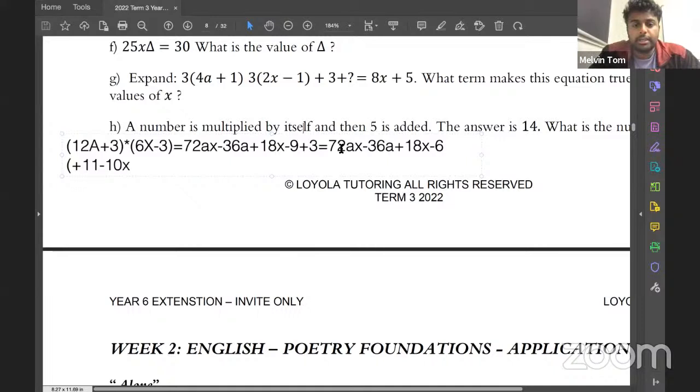Then we need to get rid of 72ax and 36a. So you do minus 72ax and plus 36a. And if you insert this into the question mark, it'll cancel everything out and it'll just leave you with.